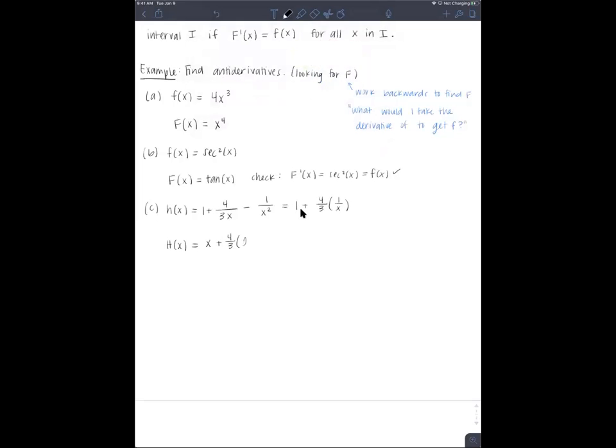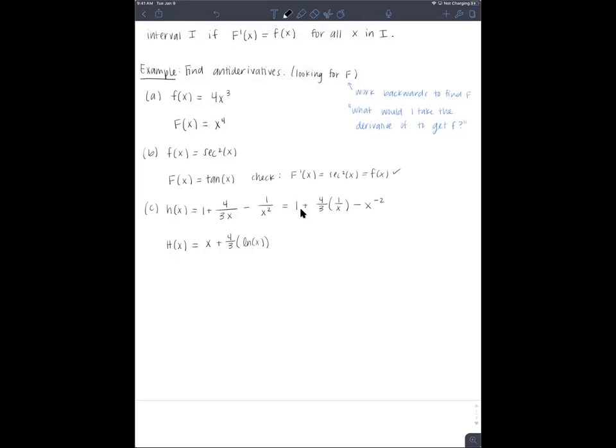And so here, when I look at big H again, this is now just 4/3 times the ln of x. Okay, and then if I look at 1 over x squared, I can rewrite that as x to the power of -2.